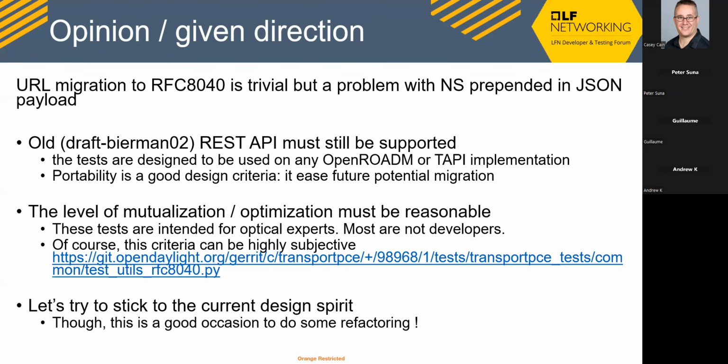Especially in many cases we have to prepend the namespace of the module in the JSON payload. So what used to work as a payload needs to be modified, even if it's very near, to work with the new REST request.